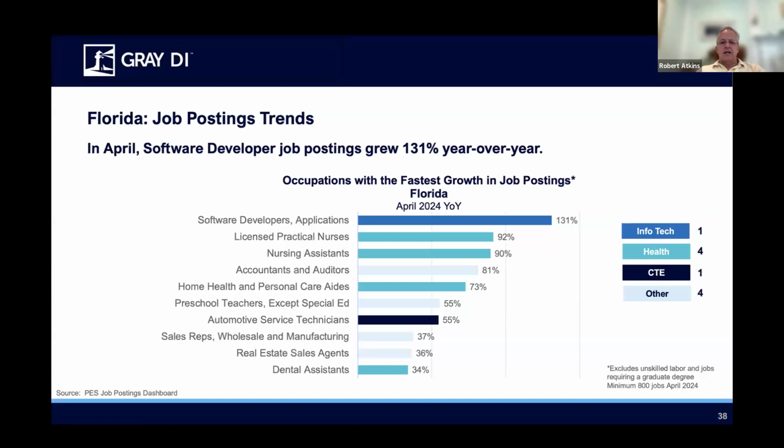Not surprisingly, given the age of the population in Florida, we see a lot of healthcare in the growth areas: licensed practical nurse, nursing assistants, and dental assistants. Then we have a somewhat random collection of other jobs: accountants, preschool teachers, wholesale reps, and real estate agents. And finally, auto techs are up 55% in Florida.